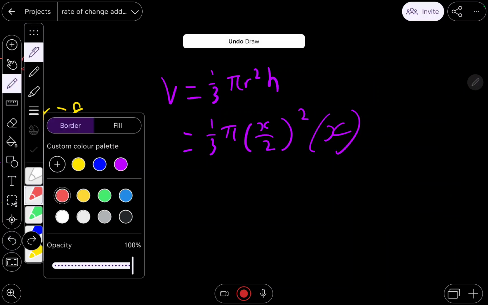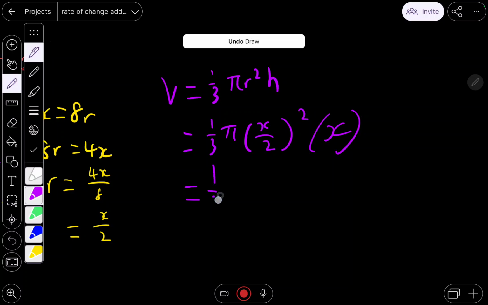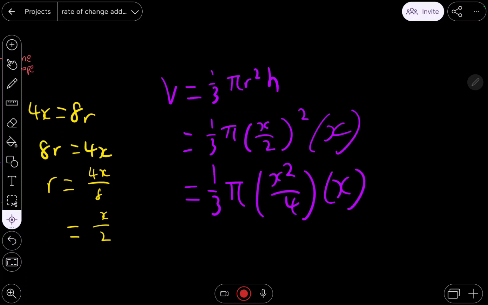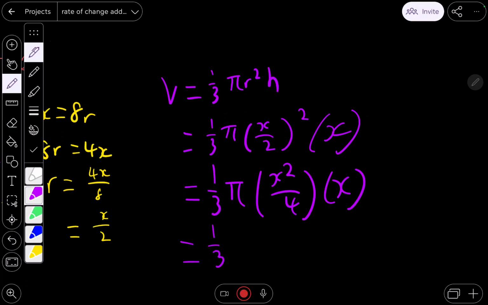So this will be your 1/3 pi x squared over 4x. So I will throw my x here. So this will be 1/3 pi x cubed over 4. I'll make it into simpler terms.